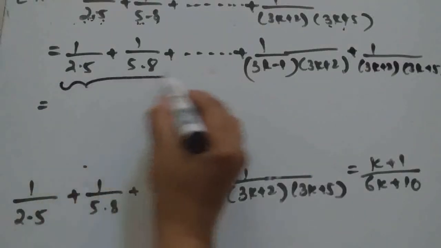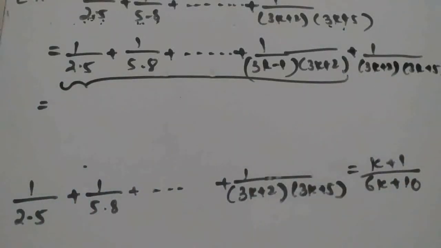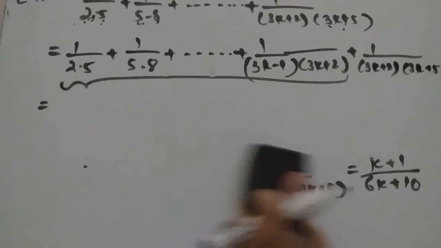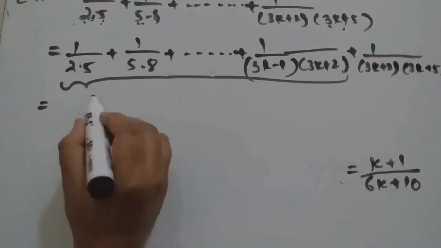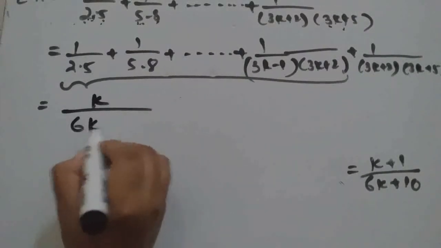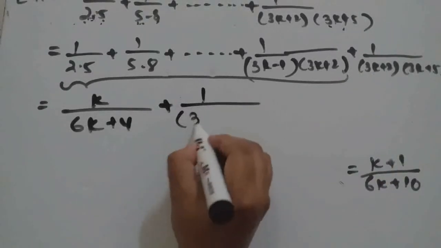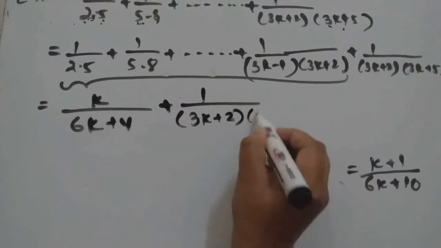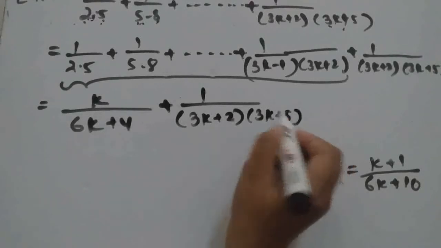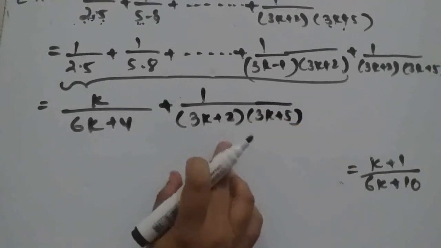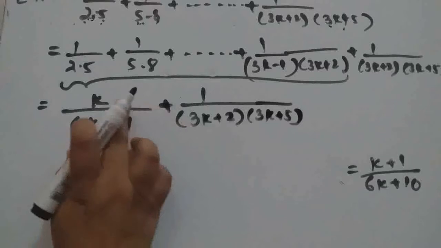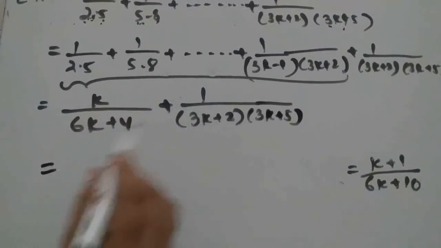But from here to here, from equation 1, what can we write? This is equal to k by 6k plus 4, and this is 1 by 3k plus 2, 3k plus 5. Isn't it the last term? What can we do here? We can cross multiply here.